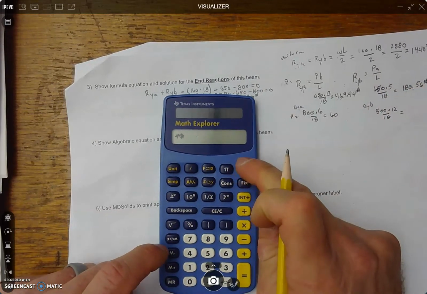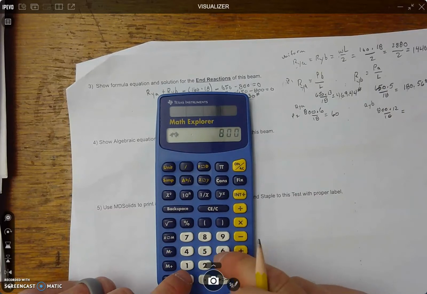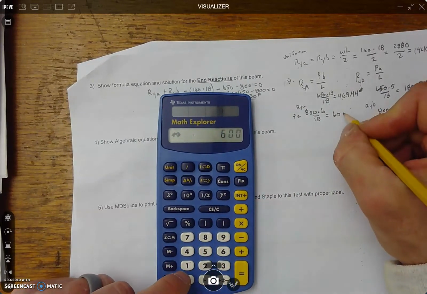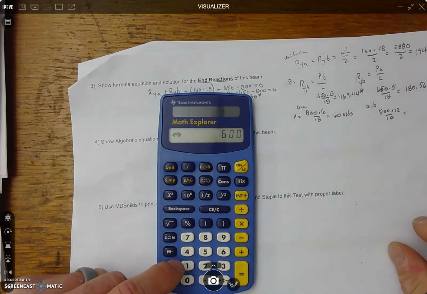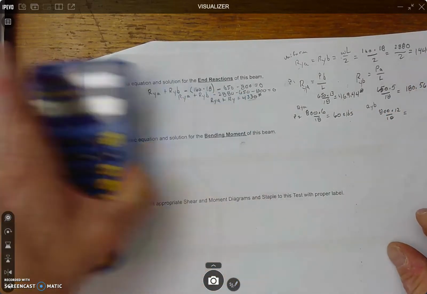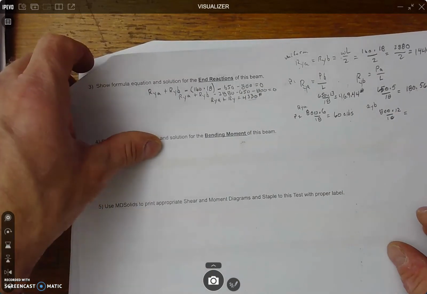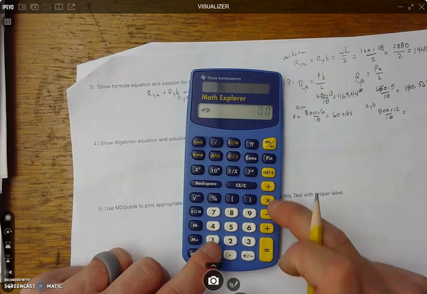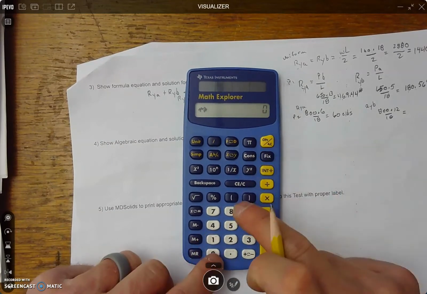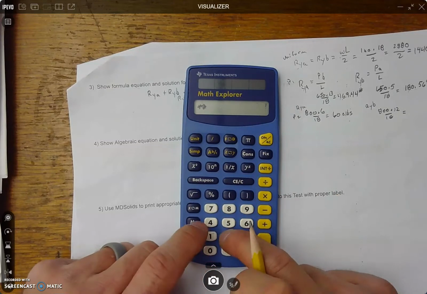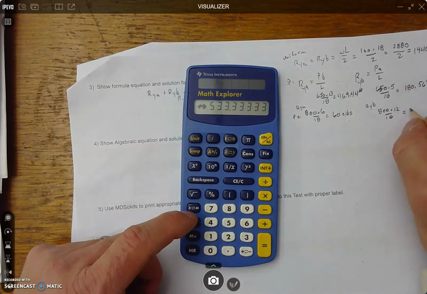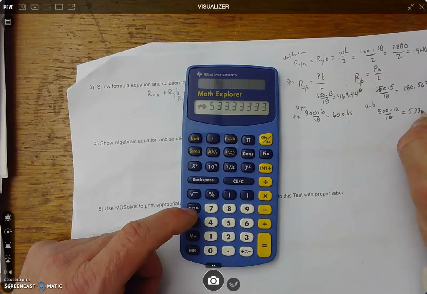That can't be right. 800 times 6 equals divided by 18. 800 times 12 divided by 18 is 533.33 pounds.